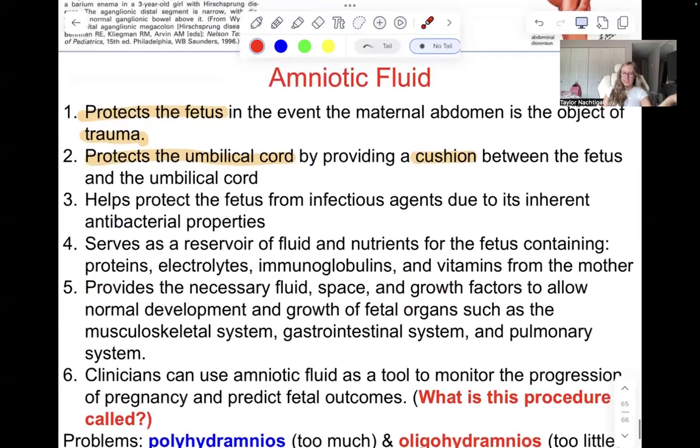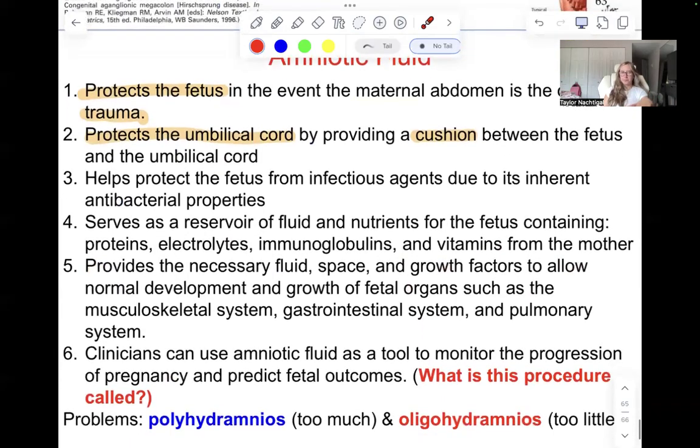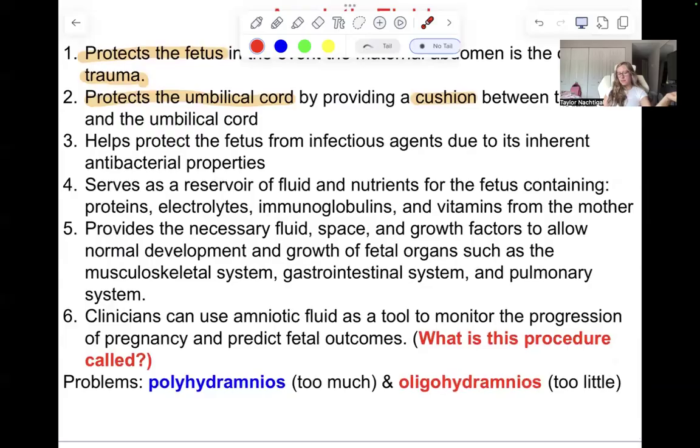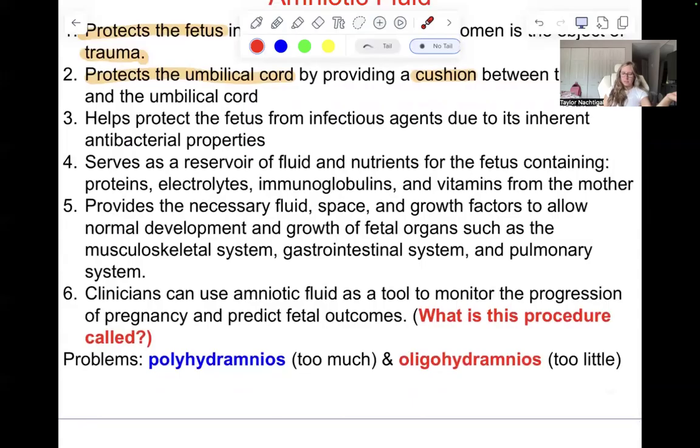Okay, a few summarizing things about the role of amniotic fluid. It's going to protect the fetus and act as a cushion. It's going to help protect the fetus from infectious agents due to its inherent antibacterial property. It serves as a reservoir of fluid and nutrients for the fetus, containing proteins, electrolytes, immunoglobulins, vitamins, all from the mother.